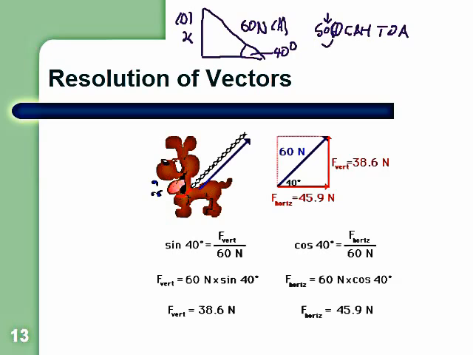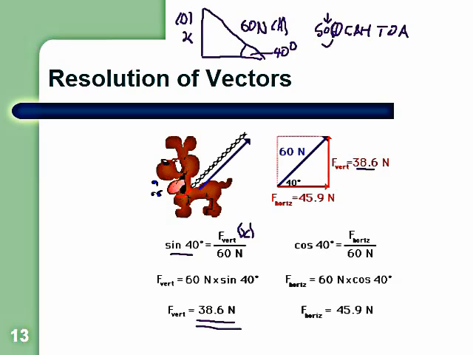Okay, so sine 40 will equal the vertical component of force, which we've called x, divided by 60 newtons, the hypotenuse. Rearranging the equation, the vertical force is going to be 60 newtons times sine 40, giving us the force in the vertical direction of 38.6 newtons.